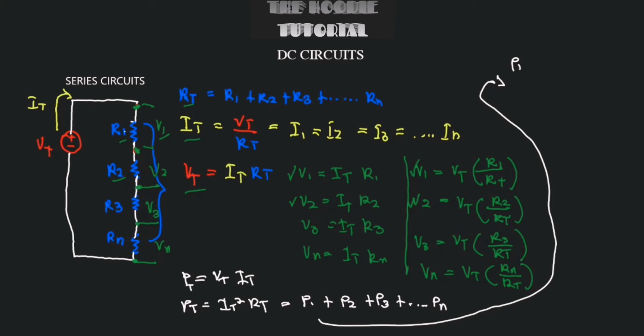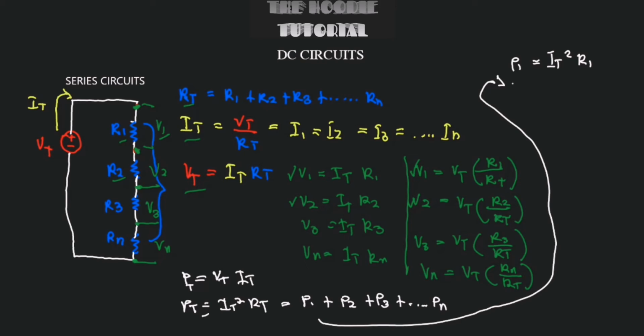Where P1 is the power that is being dissipated across R1. Let's use this formula for P1. Since we have the same current as the total current, we can use It squared, but we have to multiply it by R1 since we are talking about the power dissipated in resistance 1.